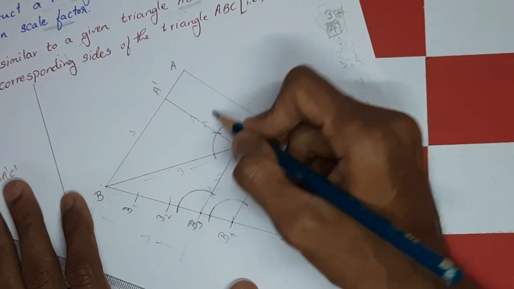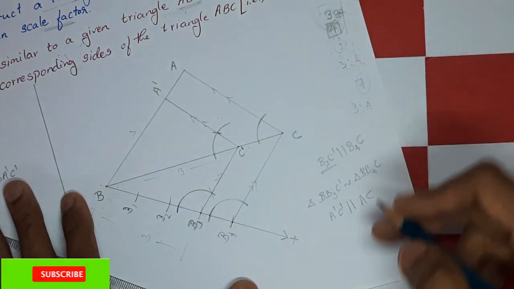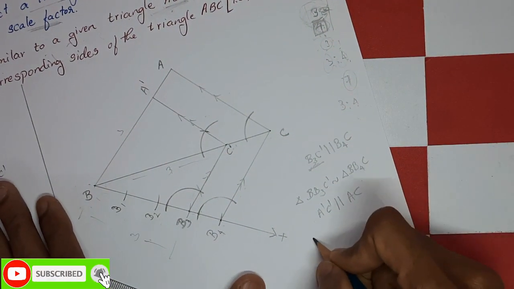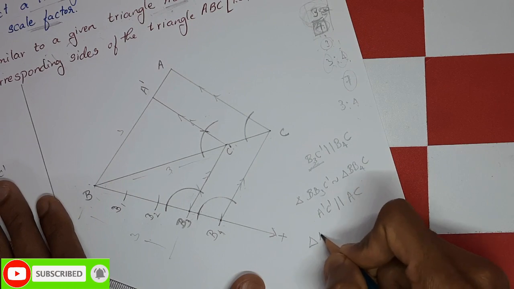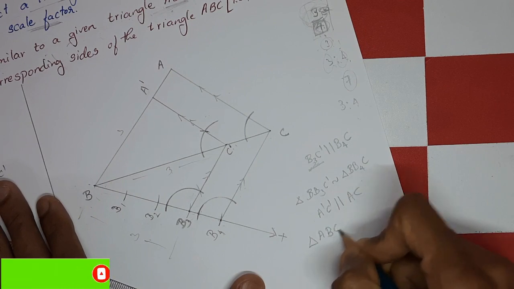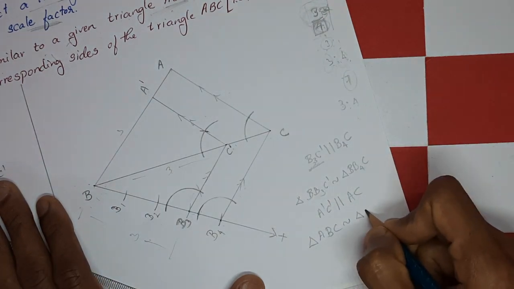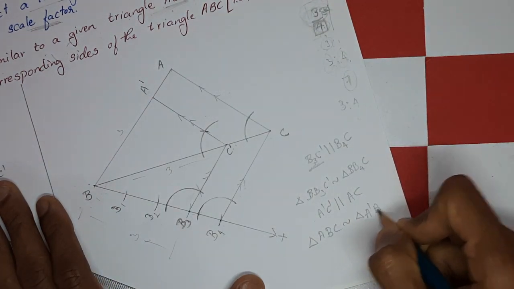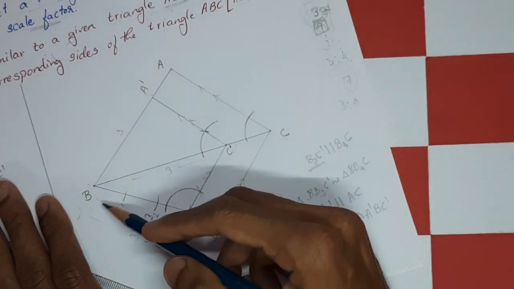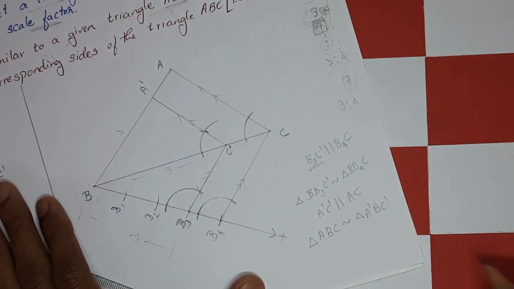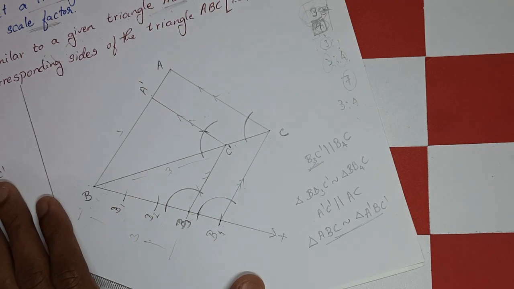This and this are parallel to one another. Therefore we can write it down: triangle ABC, I am taking the whole triangle first, ABC is similar to triangle A dash B C dash. So this is the proof, this is the answer.